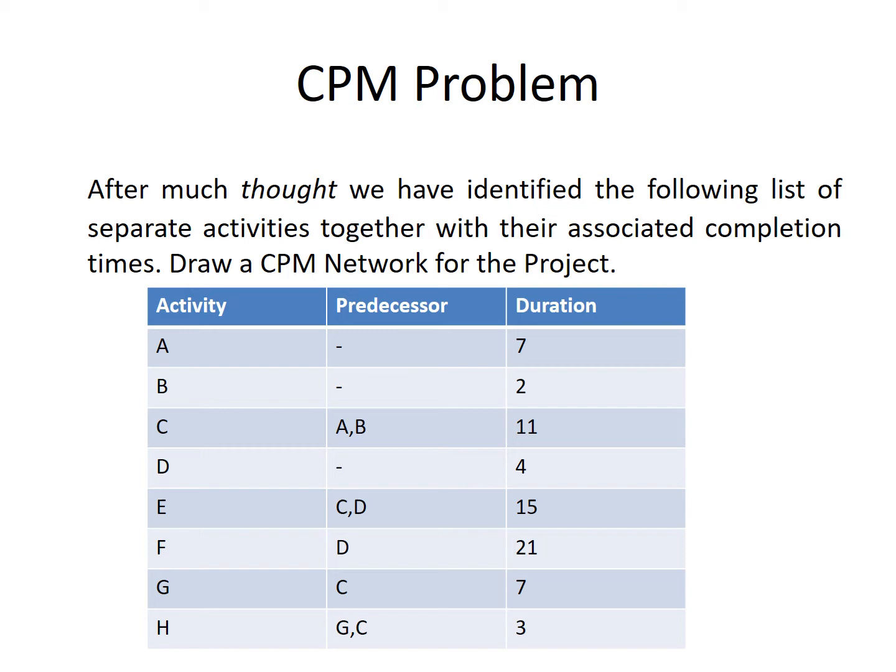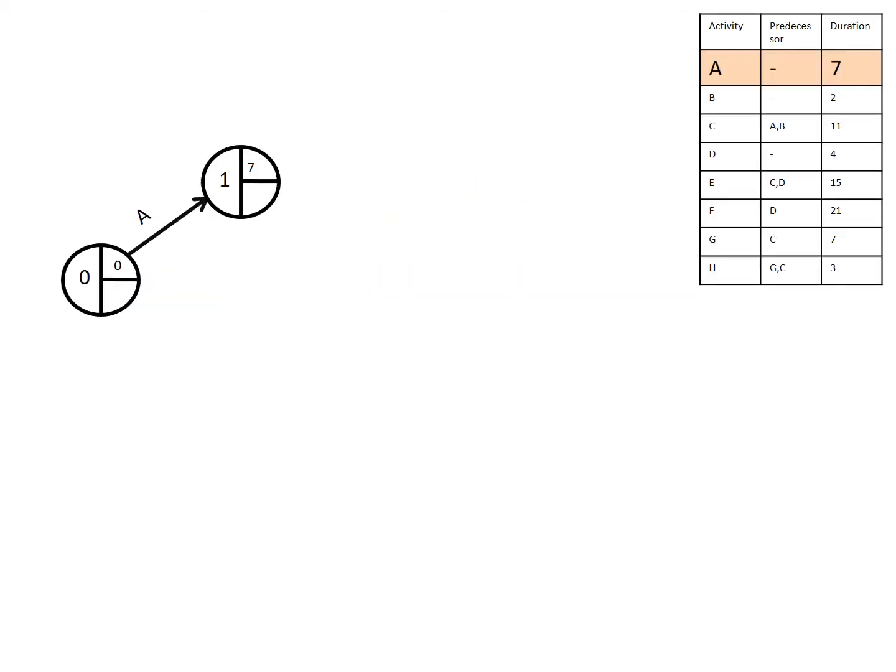The trick here is to try and pass through all the activities and identify events where the activities will be converging or diverging. Like we have activity C, where we can see that there is a convergence of activity A and B, and also activity E, where we are seeing convergence of activity C and D, and also activity H, where we are seeing a convergence of the same.